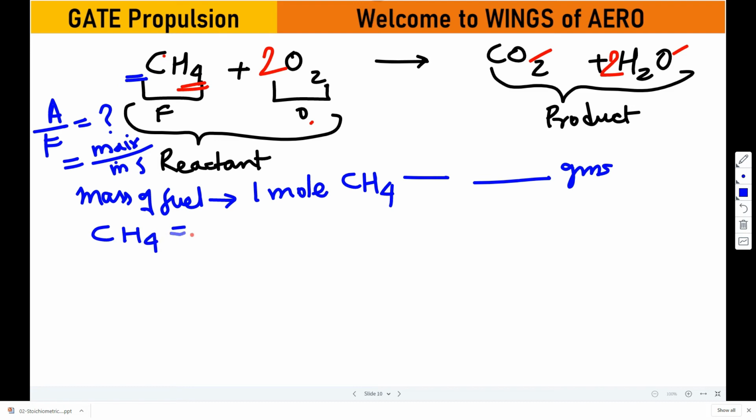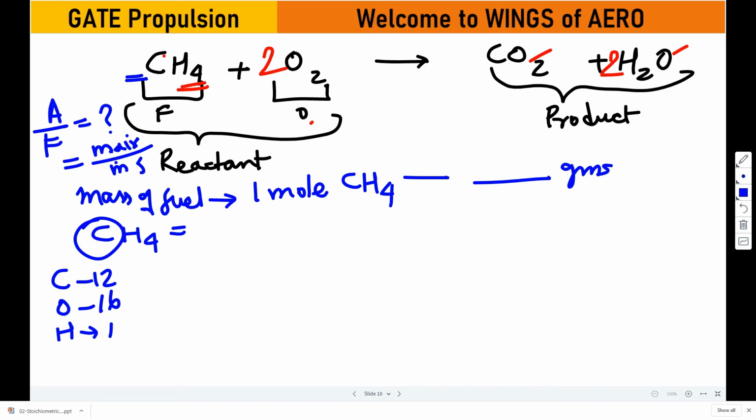CH4. Now what is the molecular weight of C? You have to remember the atomic weights. For C it is 12, oxygen it is 16, H it is 1. Yes, atomic weight. And what is molecular mass?